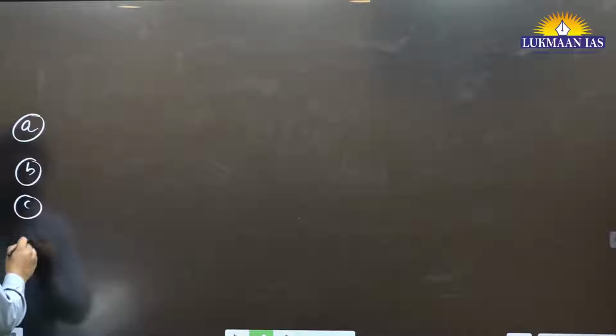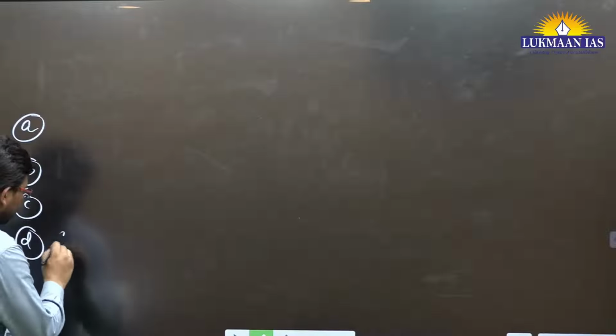Second option, gravity of stellar bodies does not change. Third option, light always travels in a straight line. Means C was that option.